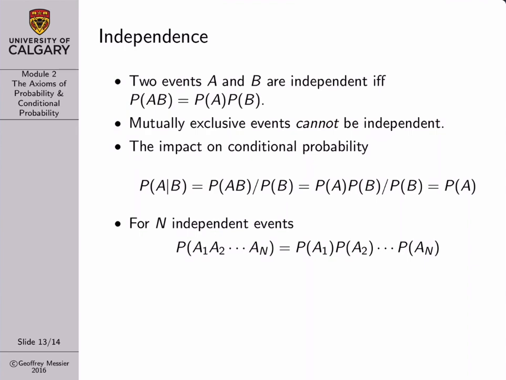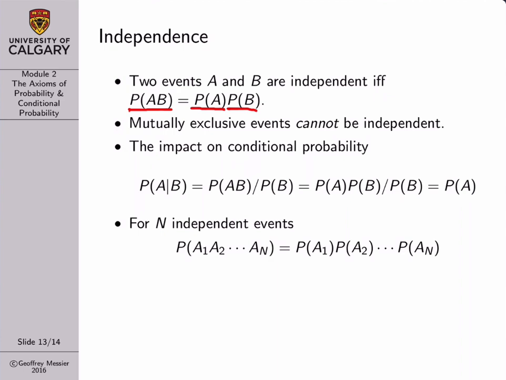Two events A and B are independent if and only if the probability of both of the events happening at the same time, or the probability of their intersection, is equal to the individual probability of A happening multiplied by the probability of B happening. Two events that satisfy this equation are considered independent.